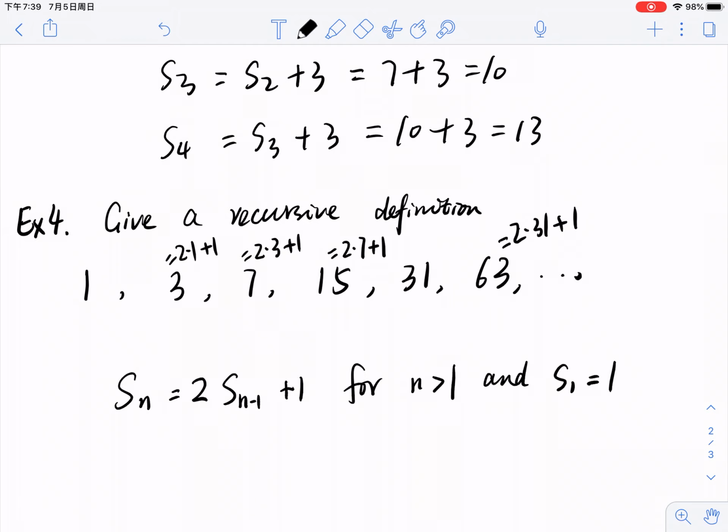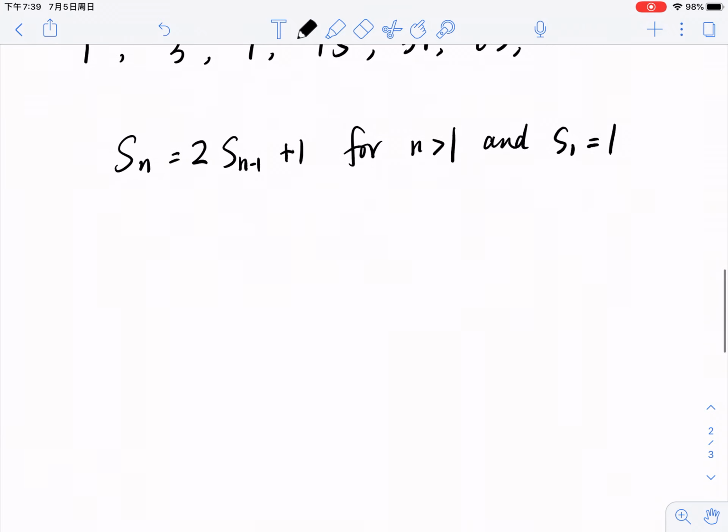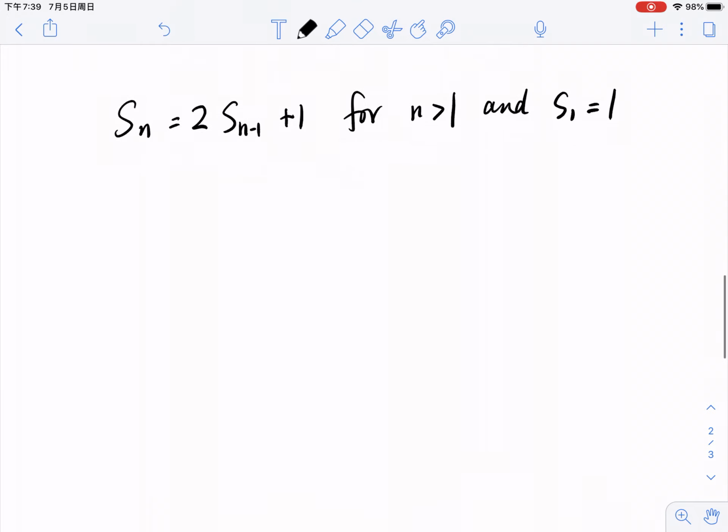This is example 4. Next, we introduce the concept of convergence of sequences.